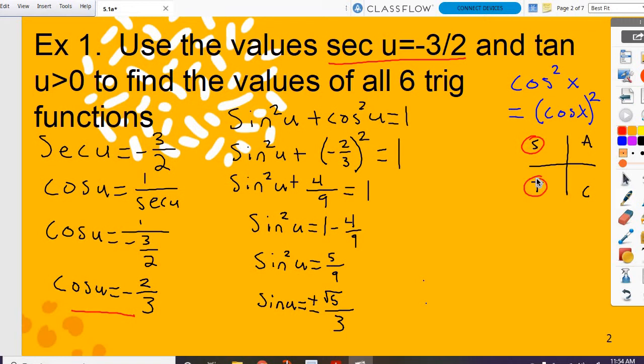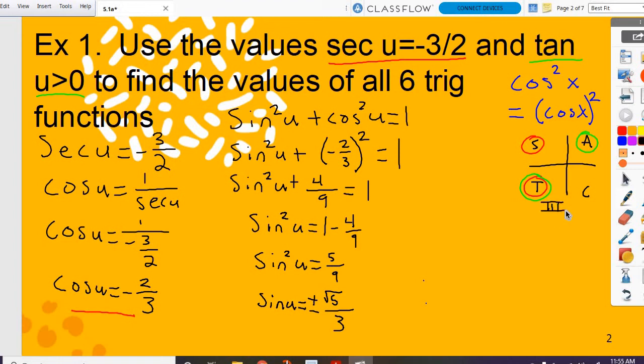And then they give you that second piece of information, that tangent is positive, because which two quadrants are tangent positive? Our first and our third quadrant. So then in which quadrant do both of those things happen? Third quadrant. Our third quadrant.